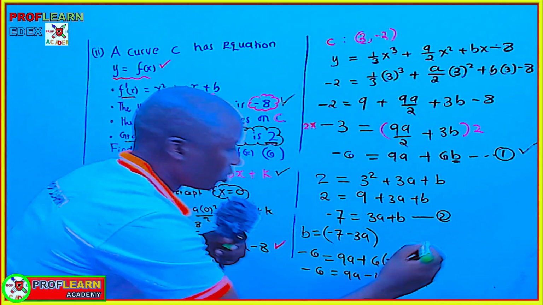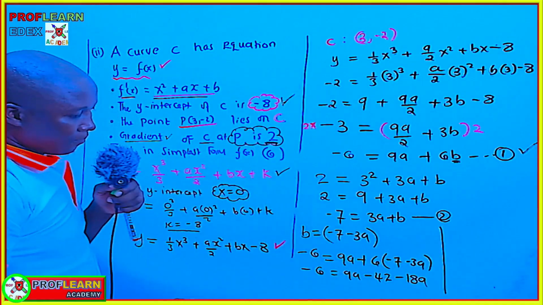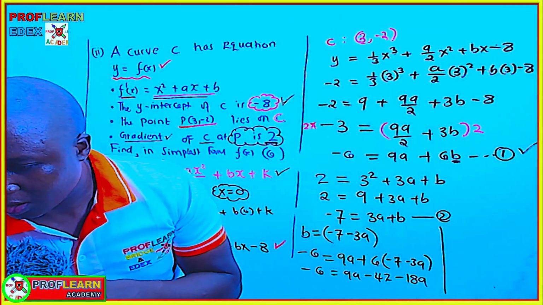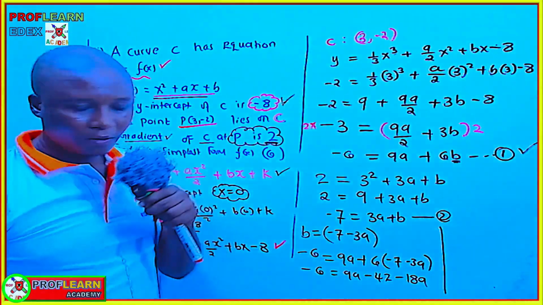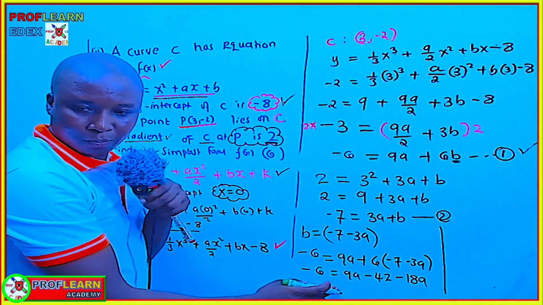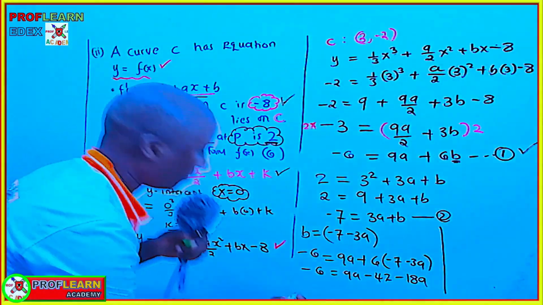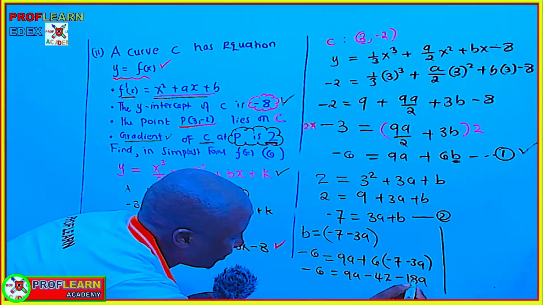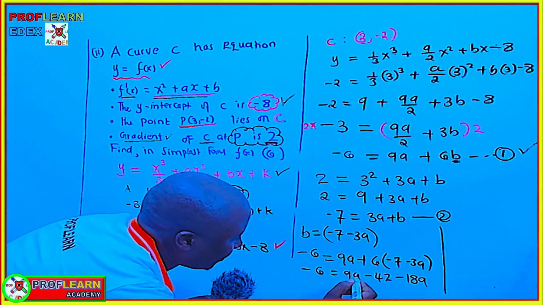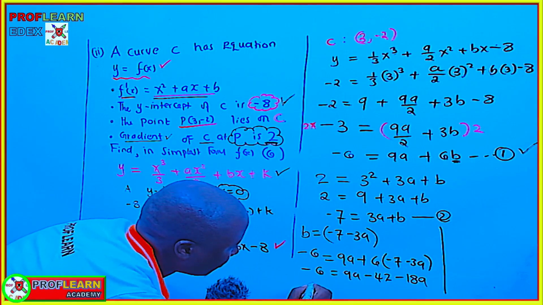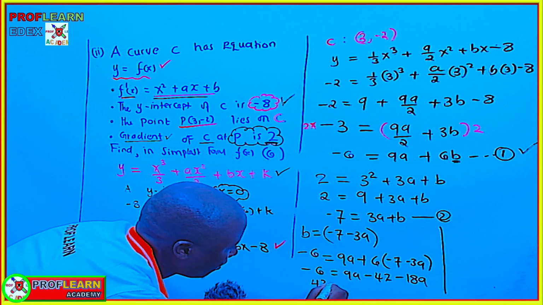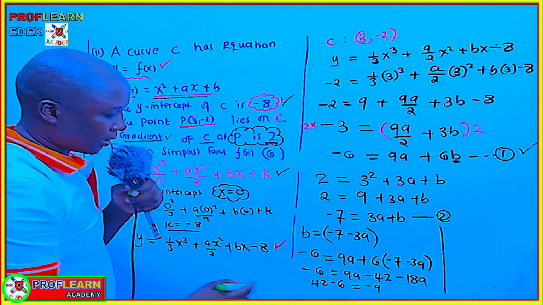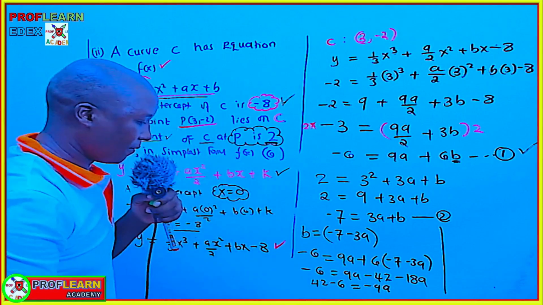If we simplify this further, 18a and 9a becomes negative 9a, and 42 comes to this side, so we shall have 42 minus 6 equals negative 9a.